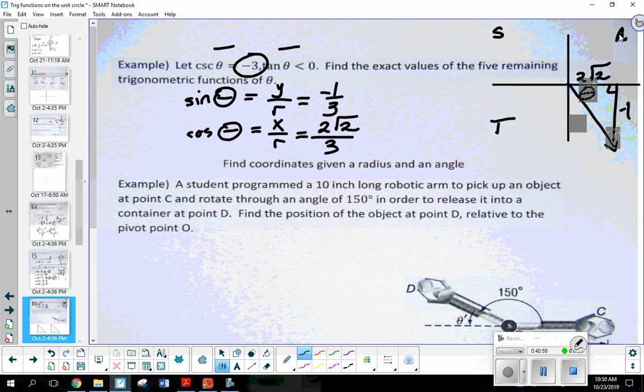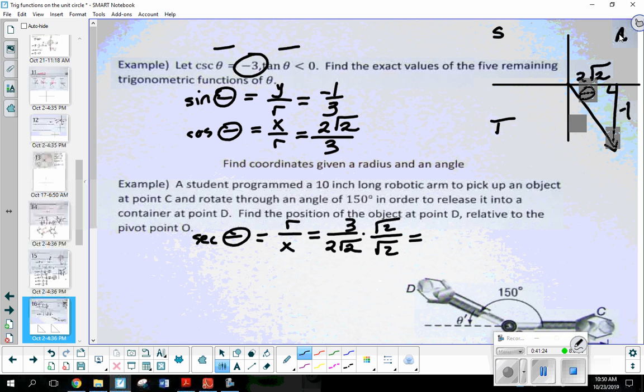Okay. Now let's find secant, which is r over x. Okay. So I'm going to take the radius, 3, over the x we found from the Pythagorean theorem, 2 square roots of 2. Now this one I am going to have to rationalize. Square root of 2, square root of 2.